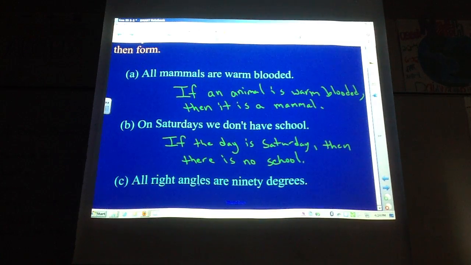And it looks like we have one more statement down here which says all right angles are 90 degrees. So we need to write that again as an if-then statement.